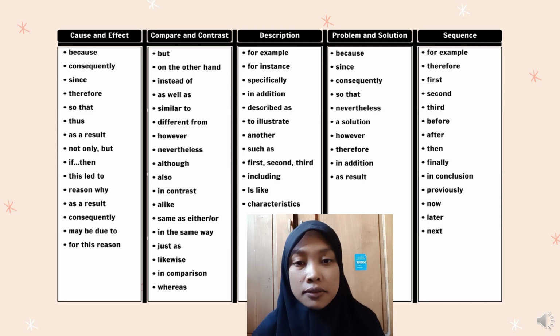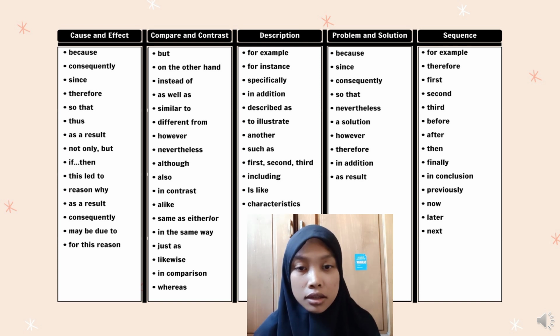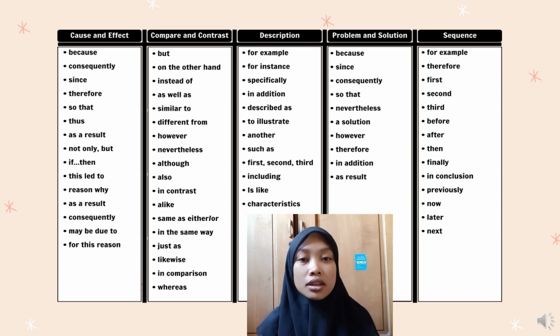Okay, those are several key points. So you can use key points to identify the type of text. For example, if in the text there are words like because, since, as a result, and the reason why, it is a cause and effect type text.